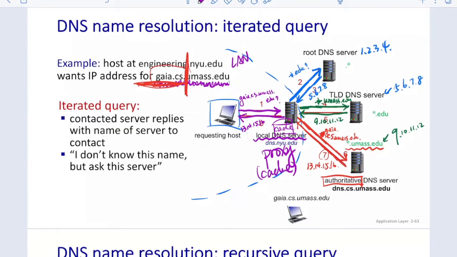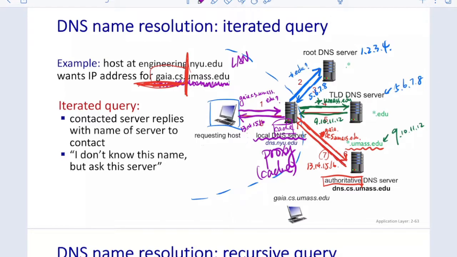This record will be cached in the local DNS server. As I mentioned before, the local DNS cache server is not part of the hierarchy, because the root DNS server, top level domain server, and authoritative name server are the hierarchy, but the local DNS server is not. But by cooperating with each other, we can obtain the result of this mapping.